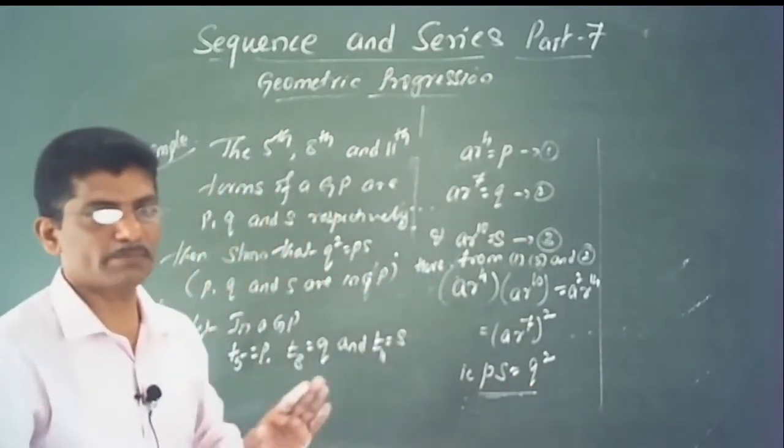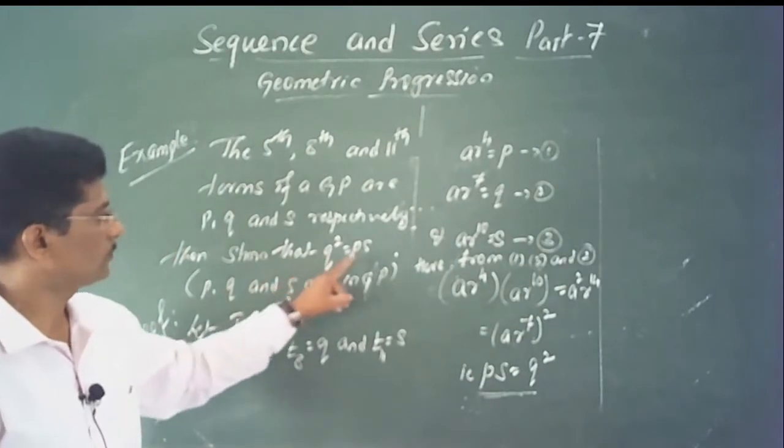Therefore, the very simple result: Q square is equal to PS.